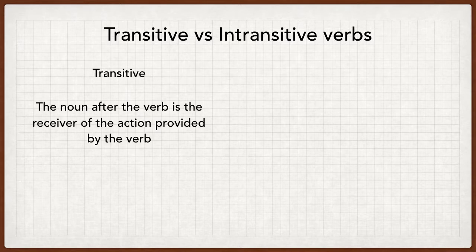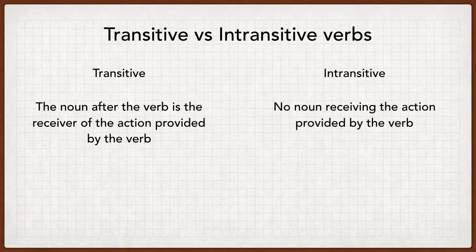intransitive verbs. After a transitive verb, right after the verb, there can be a noun which is the receiver of the action provided by the verb. And the intransitive verbs are the verbs after which there is no noun receiving the action.